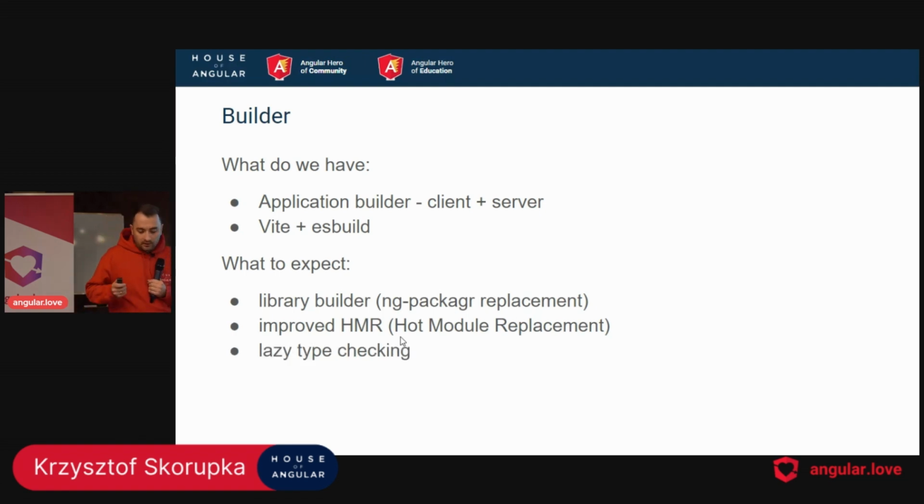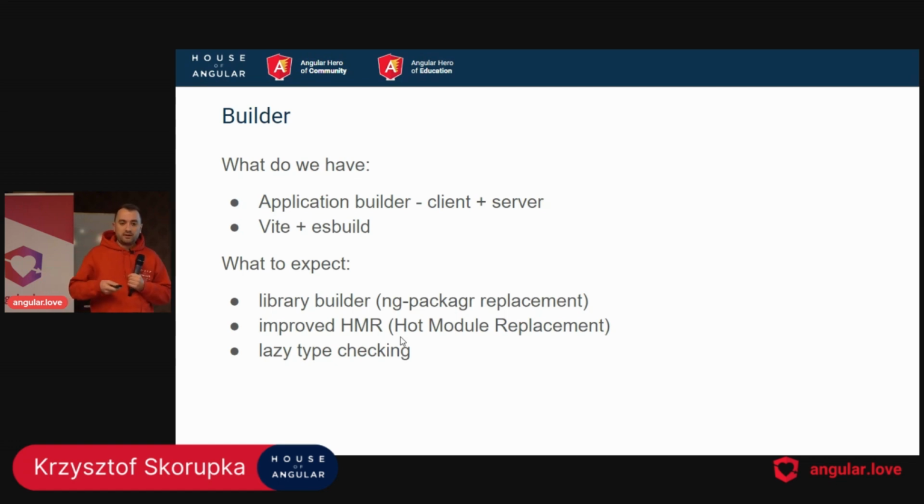And then also, this is a pretty cool thing, it's lazy type checking. So this is an idea: maybe when we are building on the dev server, so when developing our application, after our changes, do we really need to have this type checking on a critical path? Because it takes time, right? And we would like to get the results immediately.